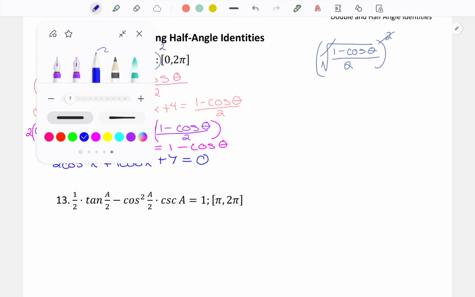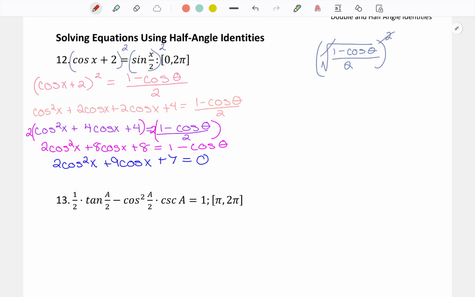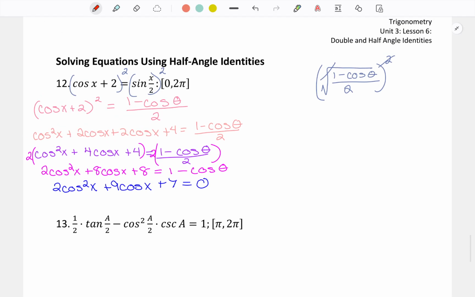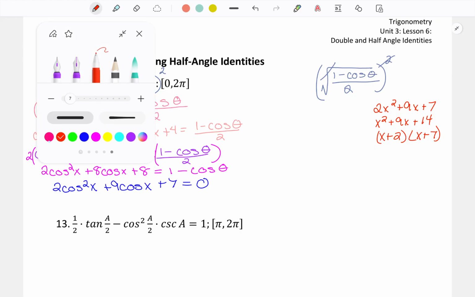So we are going to take another side quest for factoring. We're going to take out our cosine and replace it with an x. That is going to give us 2x squared plus 9x plus 7. So we have x squared plus 9x plus 14. And so we have x plus 2 and x plus 7.